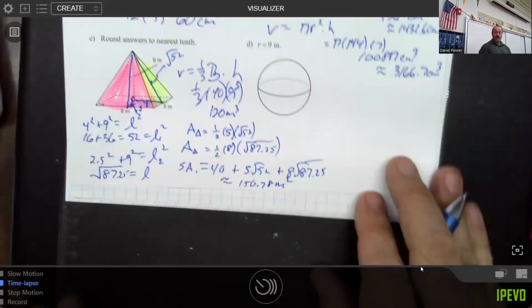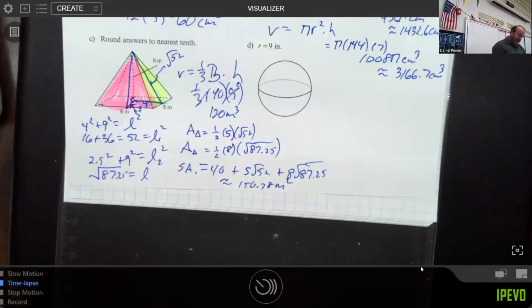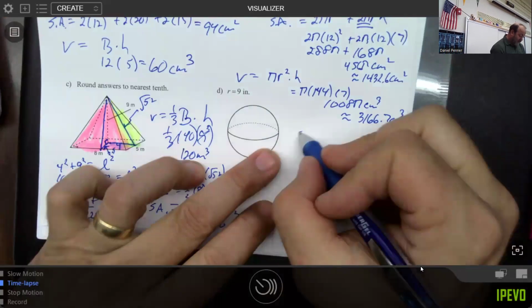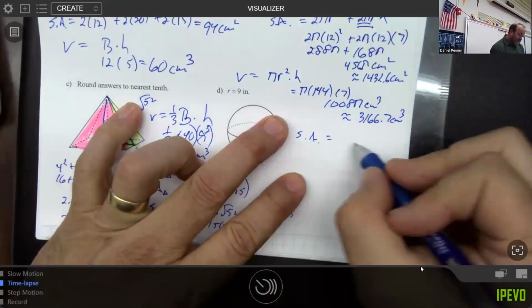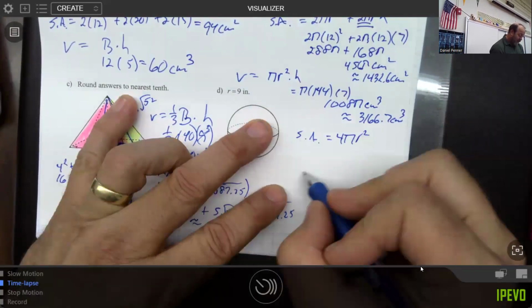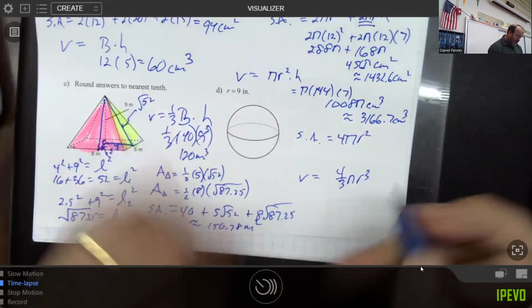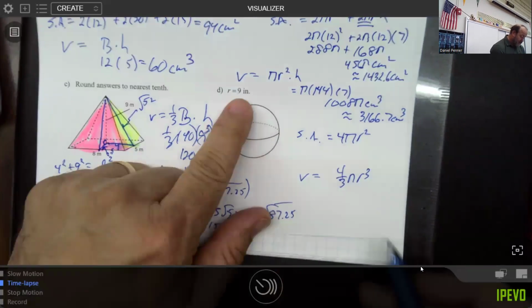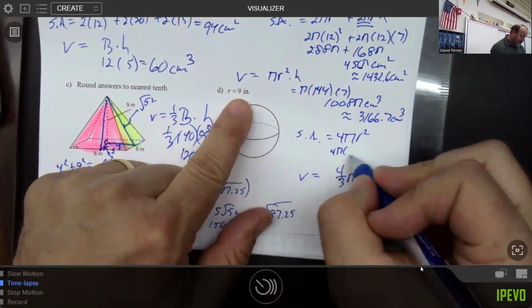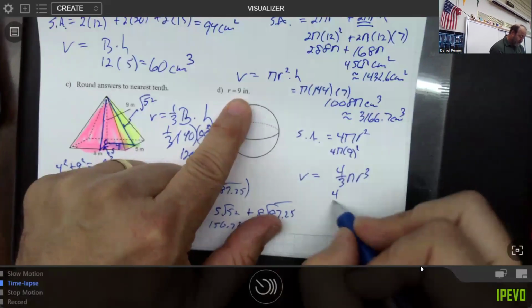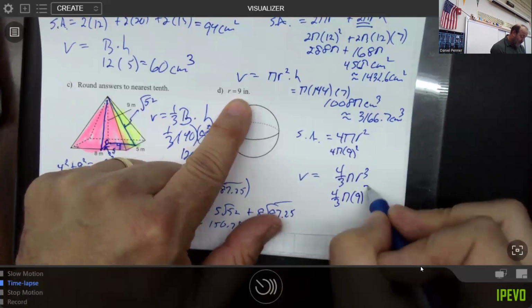And the very last problem of the year, the surface area of a sphere is always 4 pi r squared, and the volume is 4/3 pi r cubed. And so if we know that the radius is 9, 4 times pi times 9 squared, or 4/3 pi times 9 cubed.